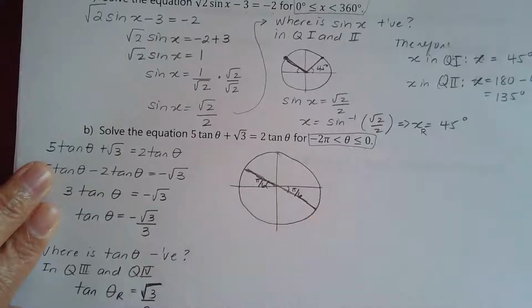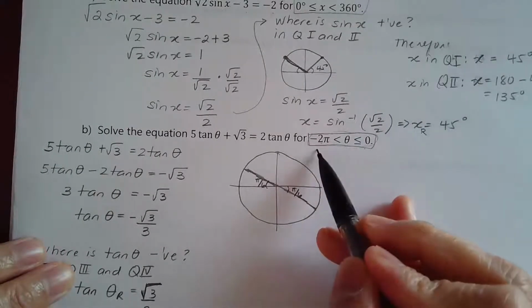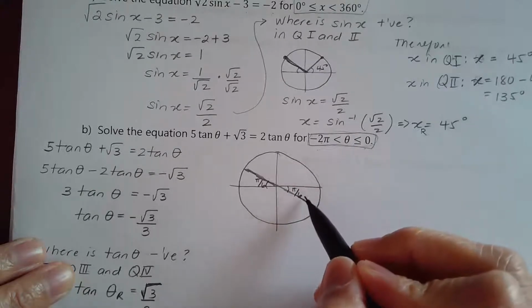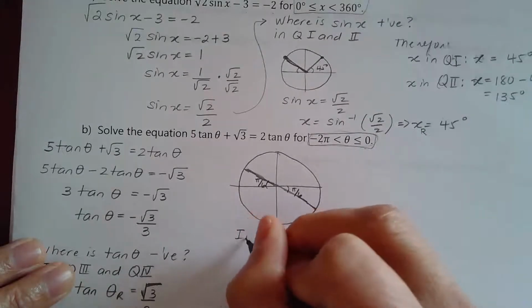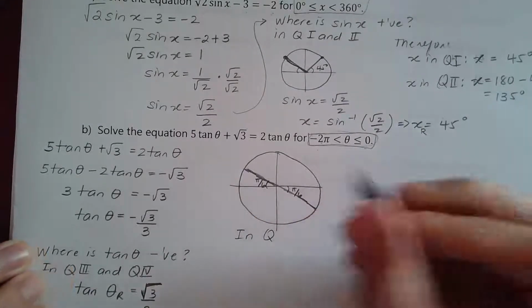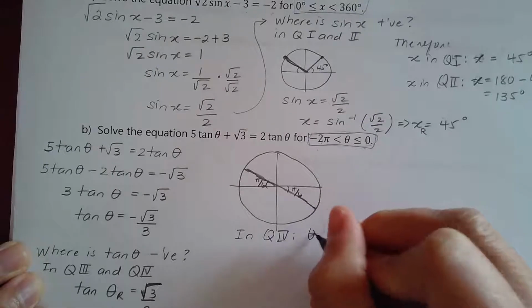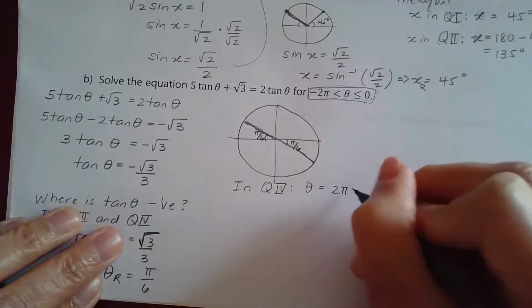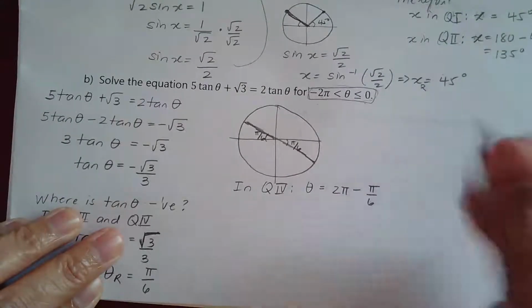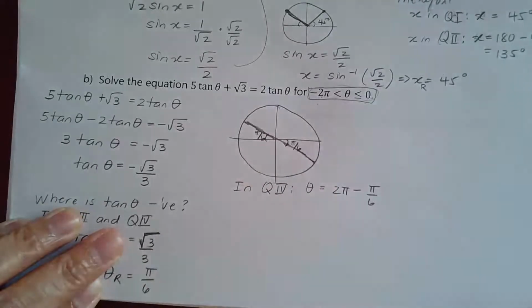Okay, so what is the angle in standard position? I have to remember that the domain is from -2 pi to 0. So we're rotating clockwise this way. In quadrant 4, that's this one here, theta is equal to 2 pi minus pi by 6, because we're rotating this way, and that's our negative angle.